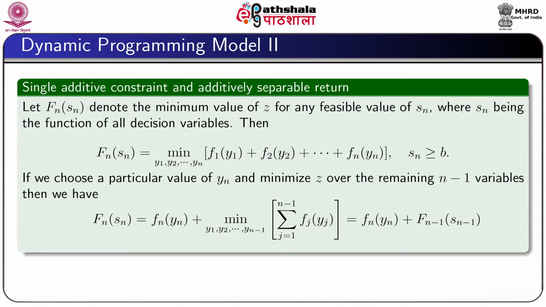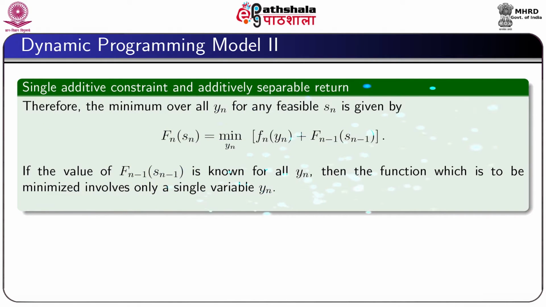And this can be written as fn(yn) plus Fn minus 1(Sn minus 1). The values of y1, y2 up to yn minus 1 for which the summation of fj(yj), j from 1 to n minus 1, is minimum, keeping yn fixed, thus depend upon Sn minus 1, which in turn is a function of Sn and yn.